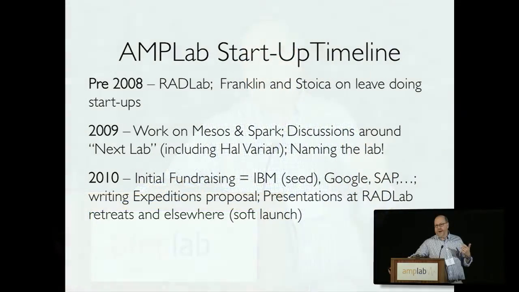We also, around that time, got wind of the next round of proposals for something the National Science Foundation runs called the Expeditions Project. These are bigger than typical NSF computer science grants. They're 5 years, $10 million, and very, very hard to get.